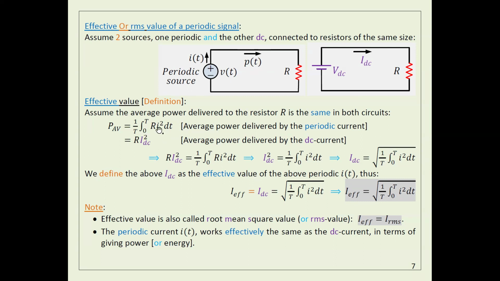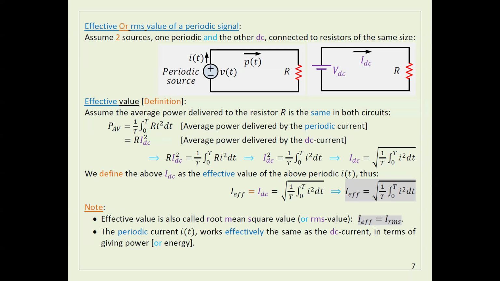I'm looking for the DC value that makes the power equal to the average power of the AC. So I square R, the power delivered by the DC source, equals the average power using this formula. You make them equal and find the DC value, and at the end you reach this formula.